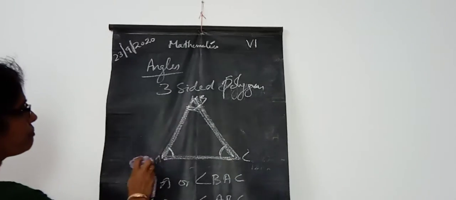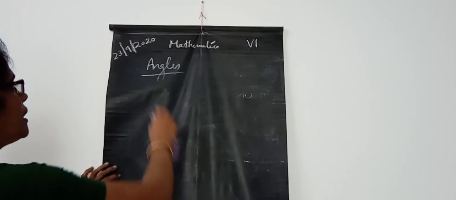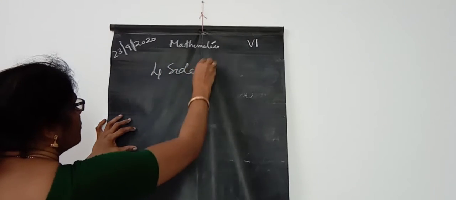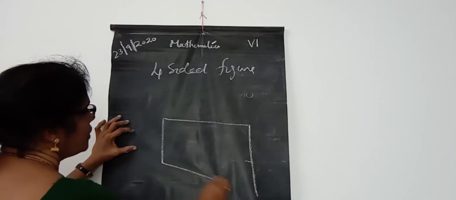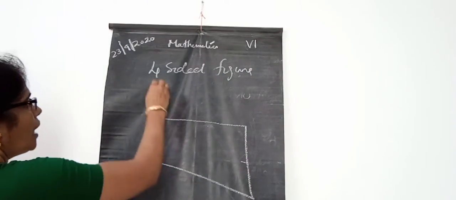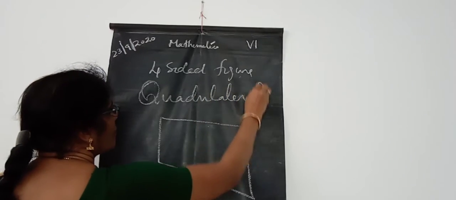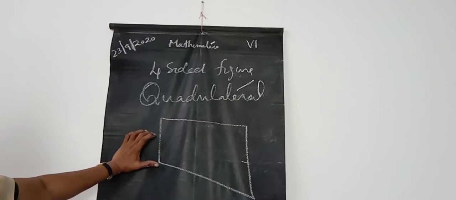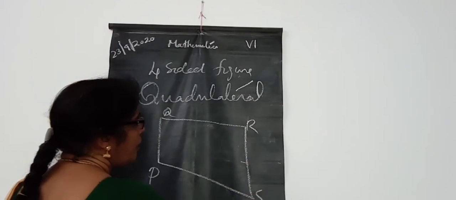And next one is the four-sided figure. This is a four-sided polygon, and we call it a quadrilateral. It has four line segments, and we can call it quadrilateral PQRS.